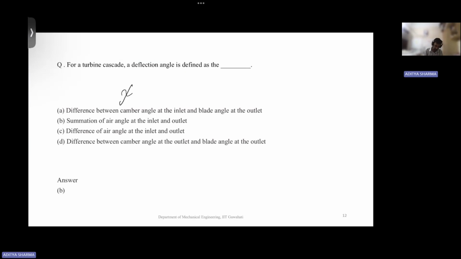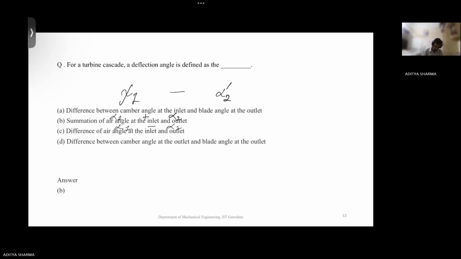Camber angle, blade angle. This is alpha 1, this is alpha 2.